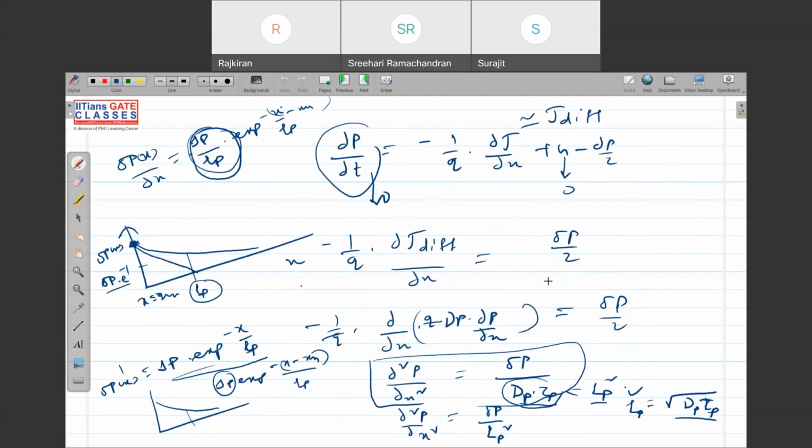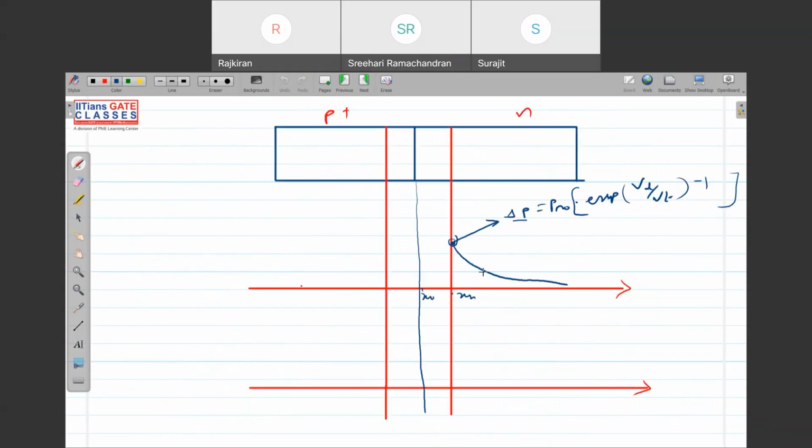This is because of the continuity equation which I derived. Here you put this equal to 0 because it is steady state and there is no generation here, and you get an exponential expression. That's what I want you to take from this slide. So they will decrease exponentially in this n region.